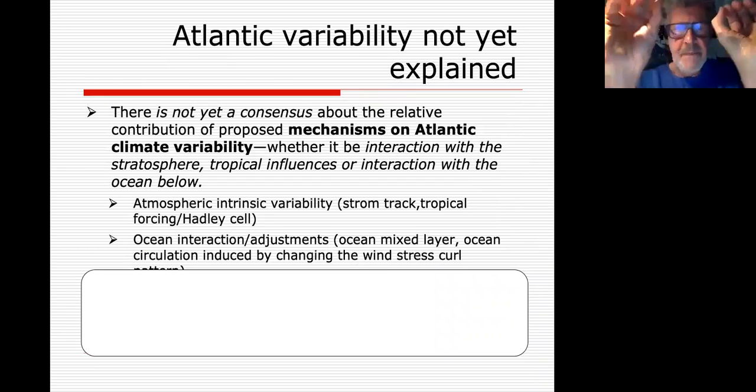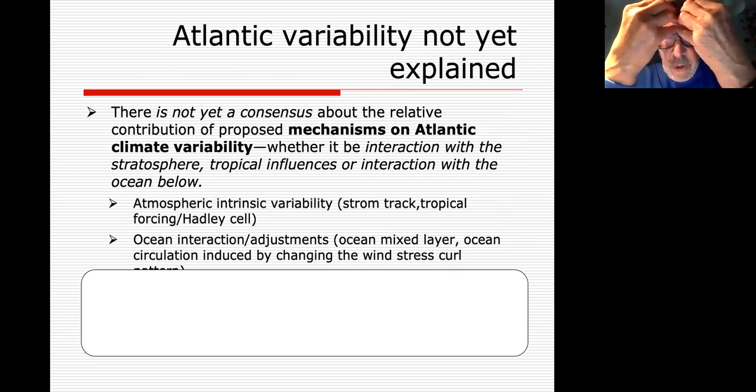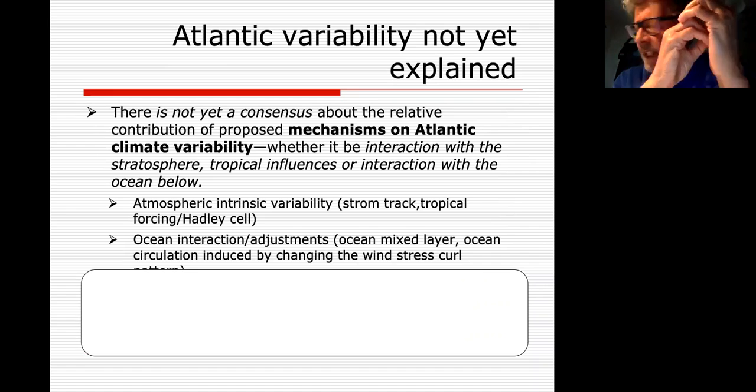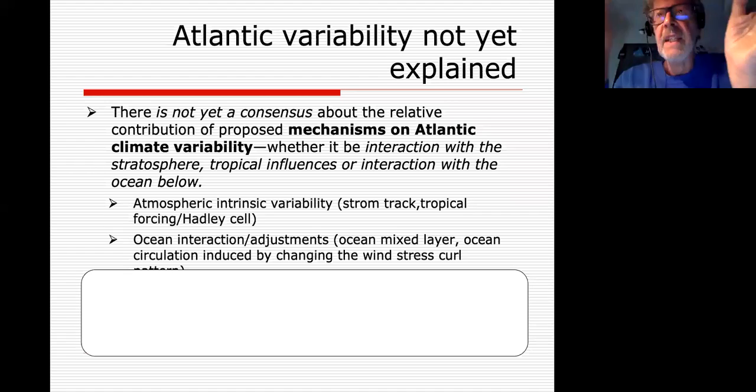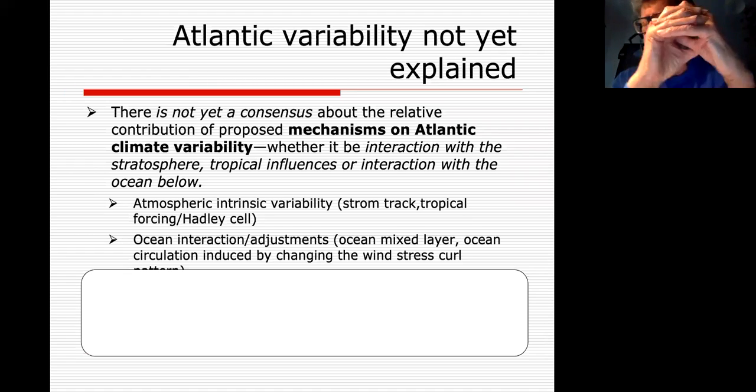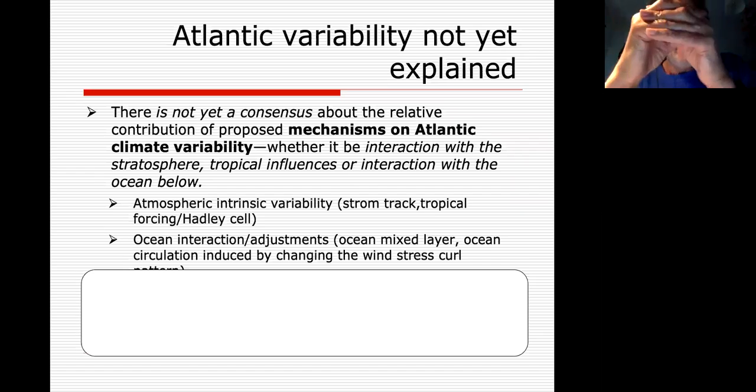Okay, we saw that there are variabilities at the decadal scale, whose role is more and more emphasized by long-term simulations and the decadal time series that are already available.